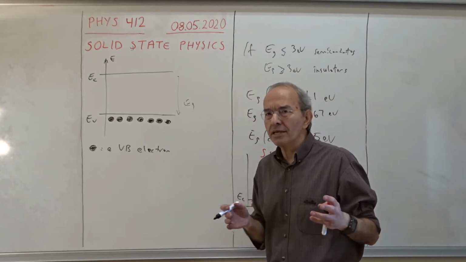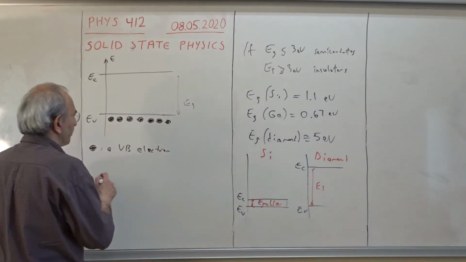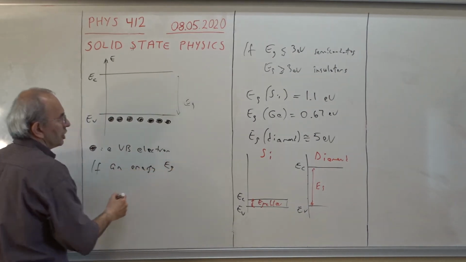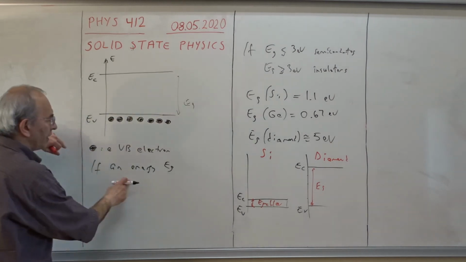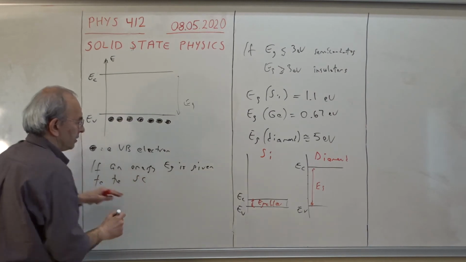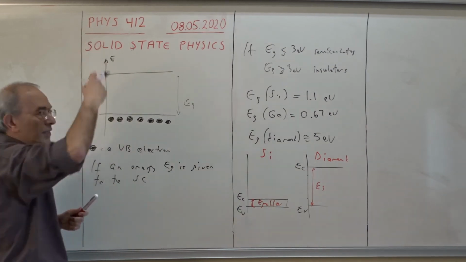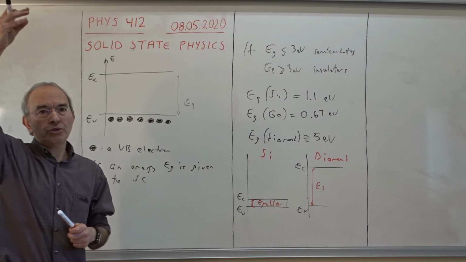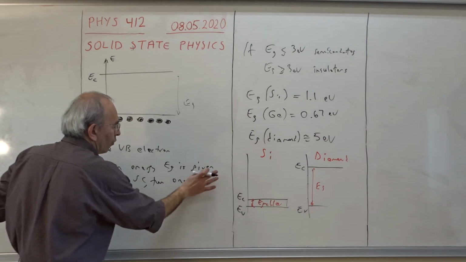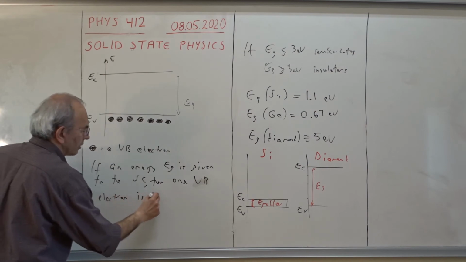But now, by some means, for instance, let's say heating the sample, if an energy Eg was the necessary difference, and energy Eg is given to the semiconductor, then let's say one of them is excited, promoted to the higher level. So then, let's say one valence band electron is excited.